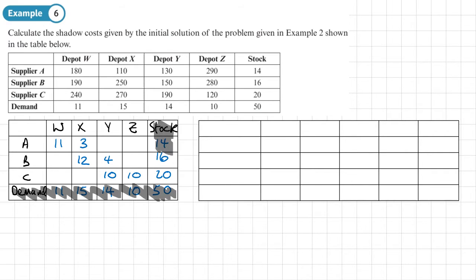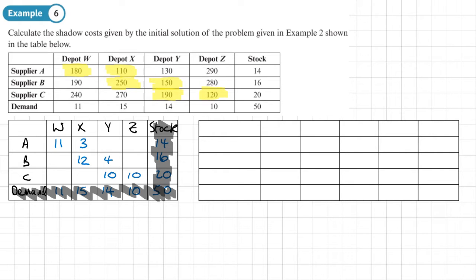Rather than do another table, I'm just going to use this table here. So the 11 relates to this cost of 180, the 3 relates to this cost of 110, the 12 to 250, the 4 to 150, and then the 2 10s here and here to 190 and 120.